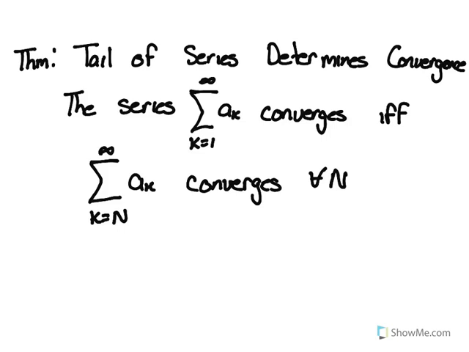So recall, for the series starting at k equals N, the definition of convergence is exactly the same, except that S_n is a sum from big N all the way up to little n. And intuitively this makes sense because if we take away or add the first few terms in a series, since we're only taking away or adding a finite number of elements, it should only have a finite effect on the series. Therefore, if the series goes off to infinity, taking away a finite amount won't make it converge, and vice versa.